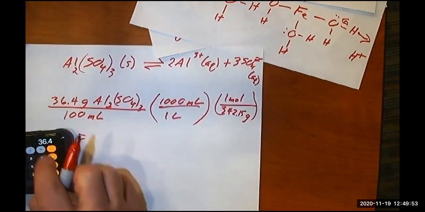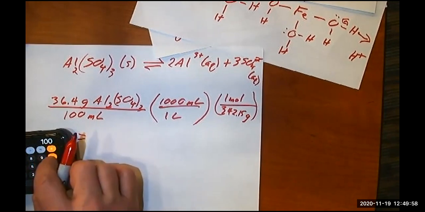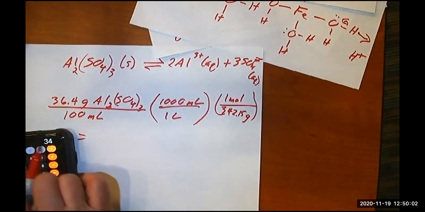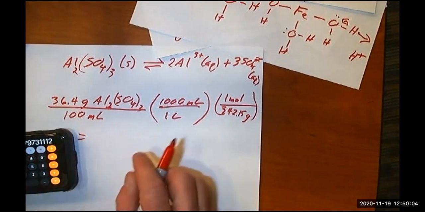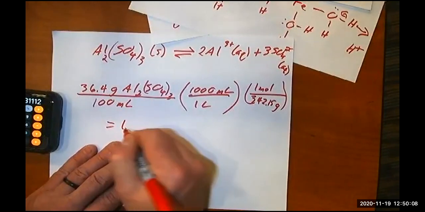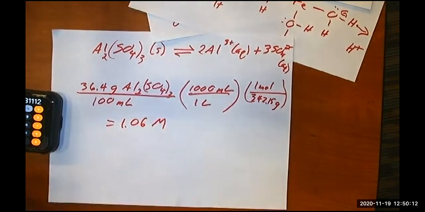36.4 divided by 100 times 1,000 divided by 342.15. So we get a molar solubility of 1.06 molar.